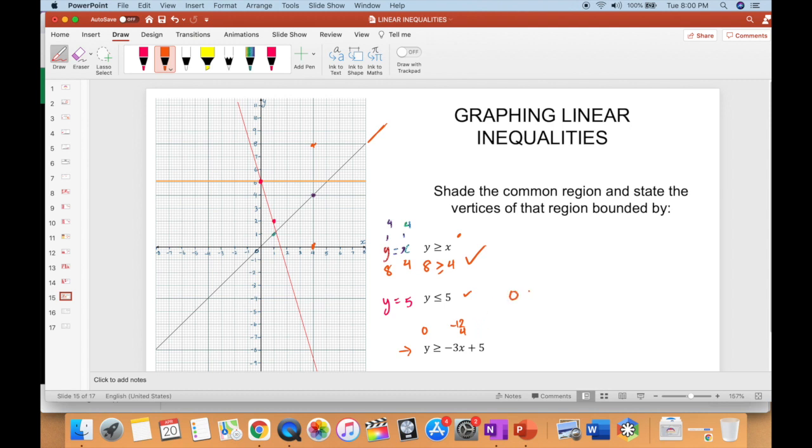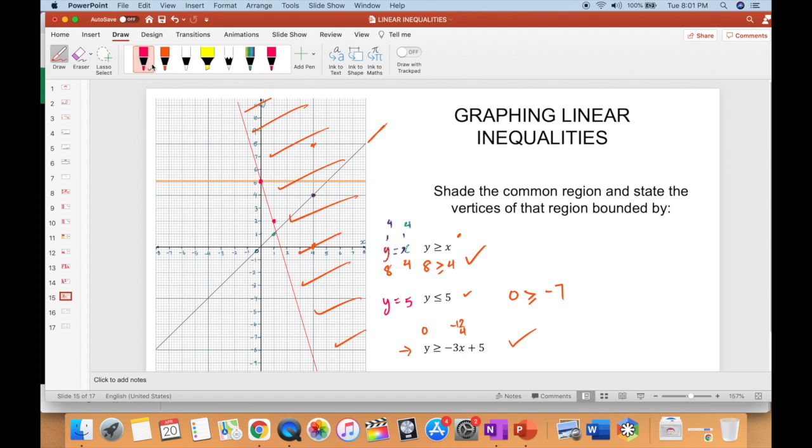So what do you have? 0 is greater than or equal to negative 7. And yes, that is true. So for this red line, it's this region here.